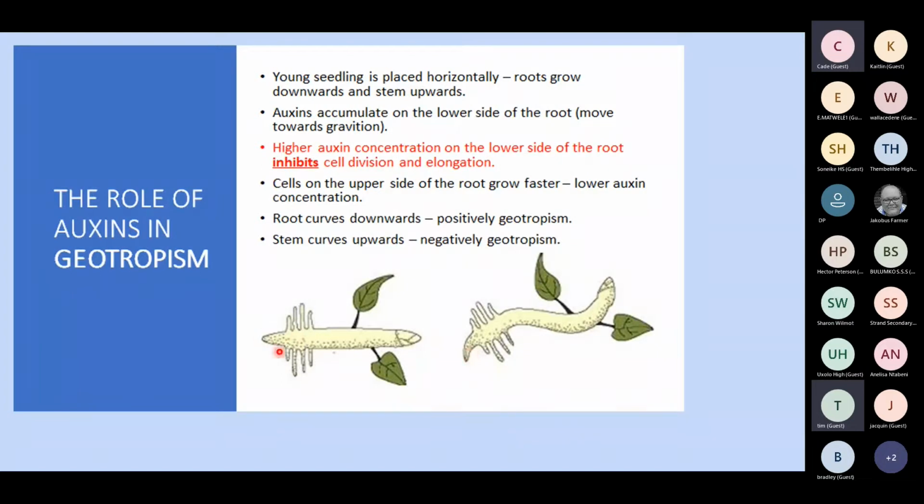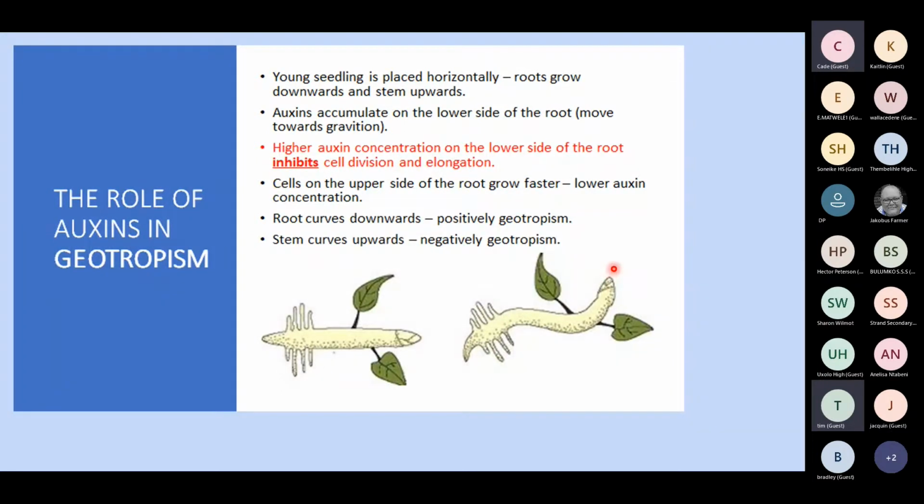They will accumulate at the lower side of the root and move towards gravity. So there will be a higher concentration on the lower side of the root, which will inhibit cell division and cell elongation. Cells on the upper side of the root will grow faster. That means the root will now curve downwards and the stem will grow upwards.